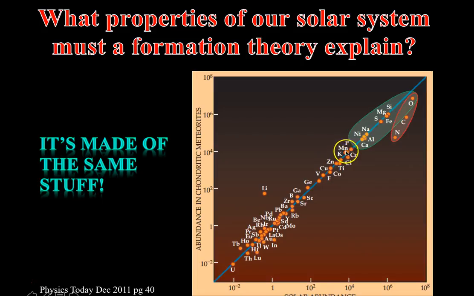The sun and everything that is in the solar system are made from the same stuff. That's what this chart shows, except for those elements that are being created in the sun through fusion. Now, we're going to be talking about fusion and that process a little bit later when we talk about the sun exclusively.